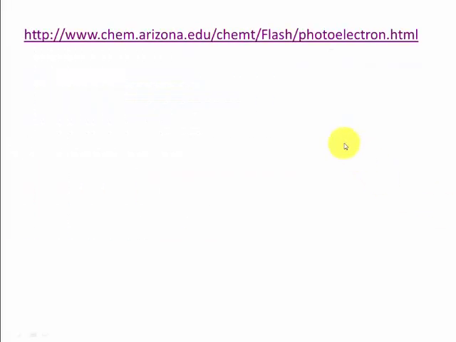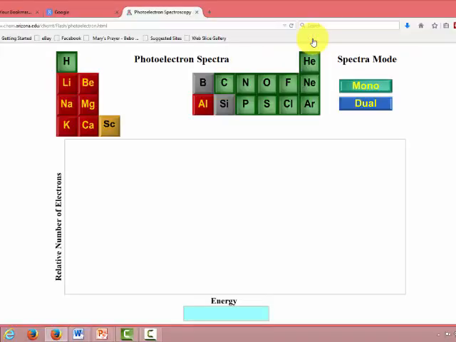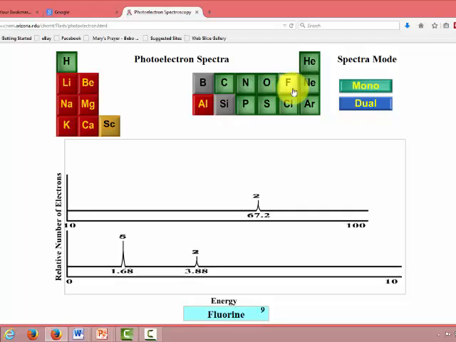Here's the link to a website where you can generate photoelectron spectra for the first 21 elements. You can click on any element in the abbreviated periodic table at the top. These spectra look different from the ones we've been looking at. One, the x-axis is not reversed.